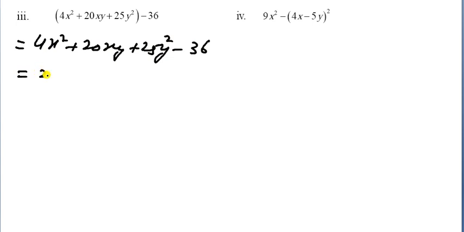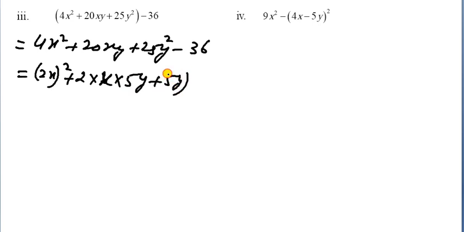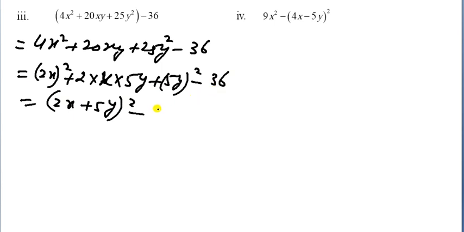So let us see, it is (2x) whole square plus 2 into 2x into 5y plus (5y) whole square minus 36. So that is (2x plus 5y) whole square, and here is 36, and that one is 6 whole square.